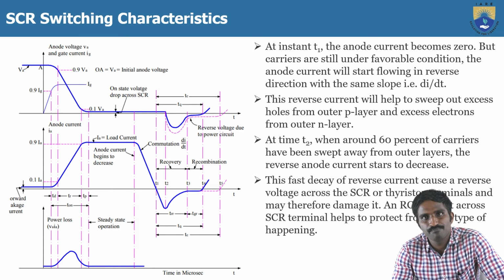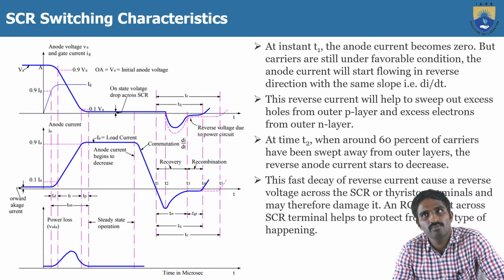Here you can see we have indicated different instants of time like T1, T2, T3, T4 and T5. At instant T1, the anode current becomes 0.